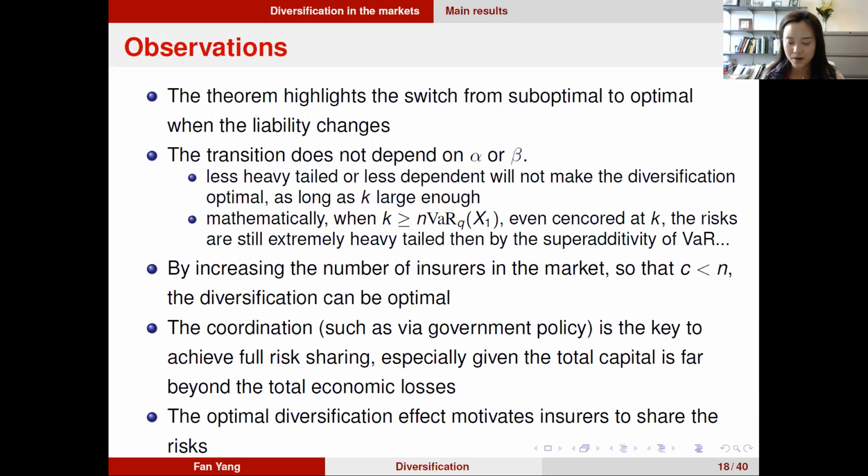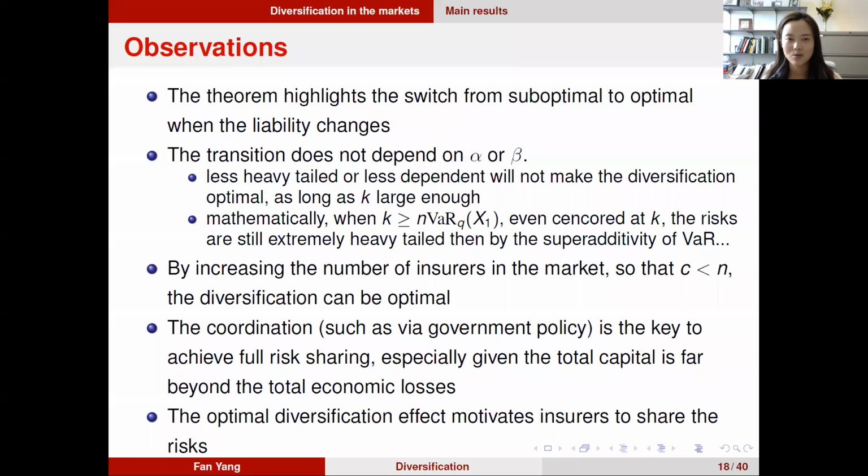More people need to participate in the market. If only a few of them do, they may still see suboptimal diversification, but with just one more involved, this will certainly motivate them to share the risk in the market.